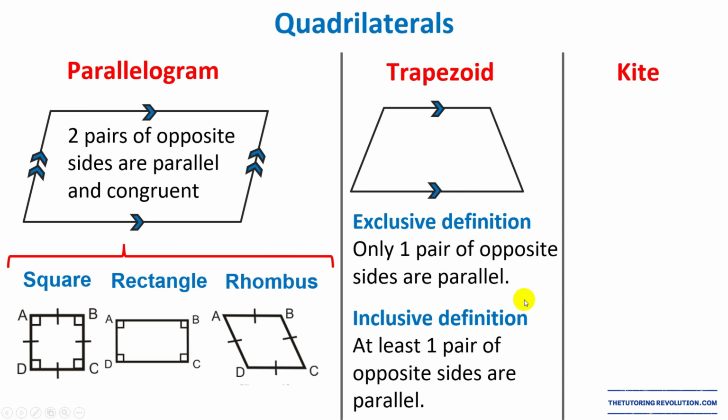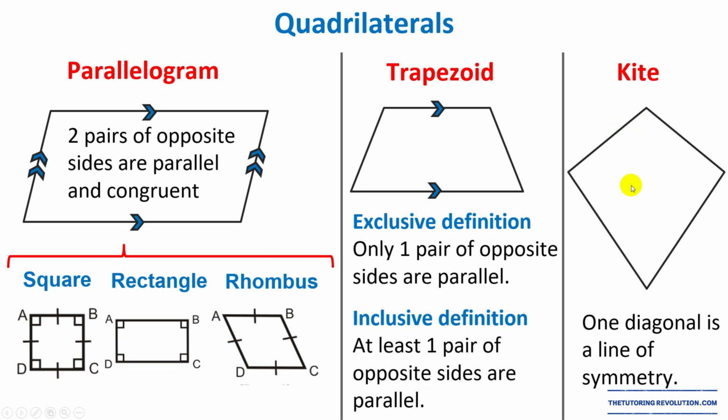The third type of quadrilateral we will analyze is the kite. A kite is a quadrilateral in which one diagonal is a line of symmetry. So this diagonal here divides the kite into mirror images of each other.